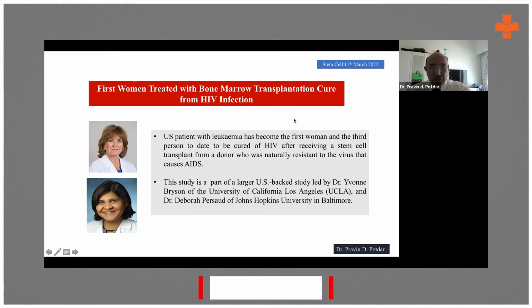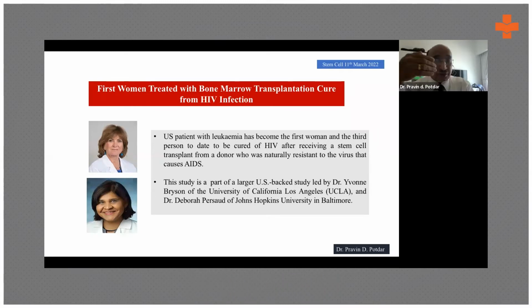So there are almost 3 studies which have clearly shown that during the bone marrow transplantation of the cancer patient, they are treating the cancer, but when they are treating the cancer, they are taking the bone marrow from a donor who has the CCR5 resistance gene, and that cures the HIV.